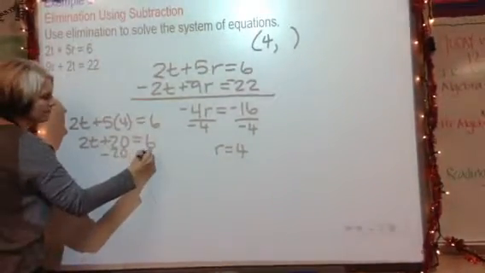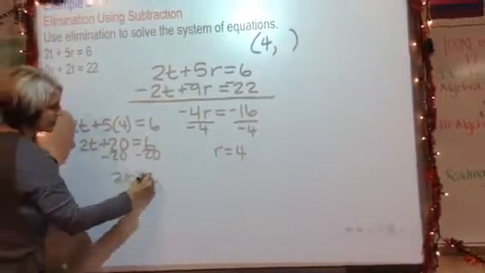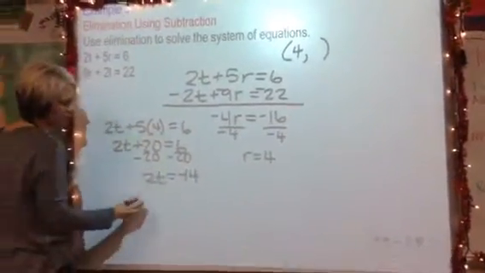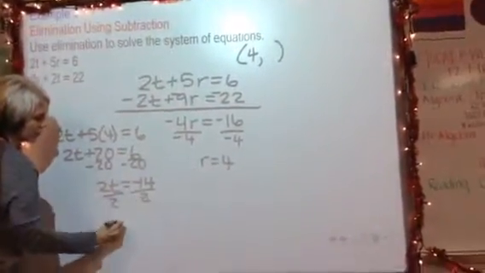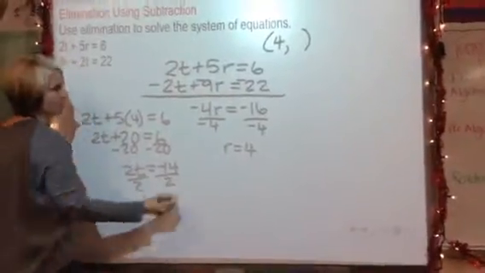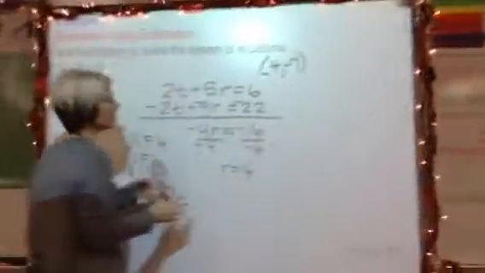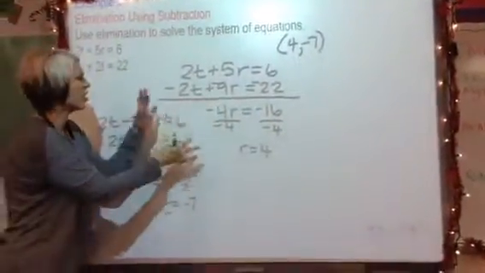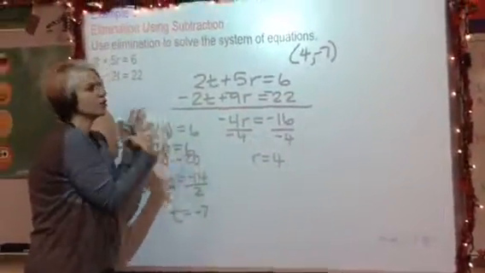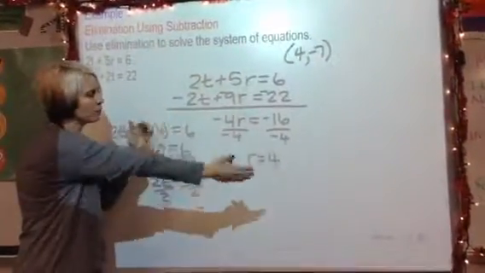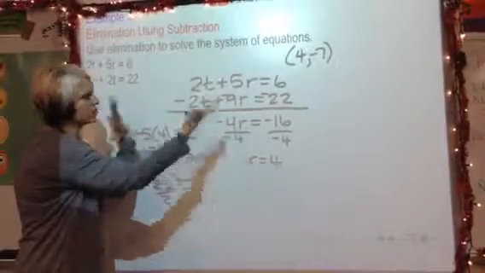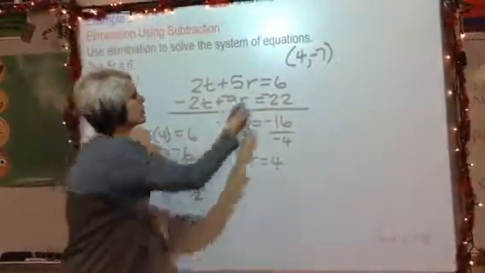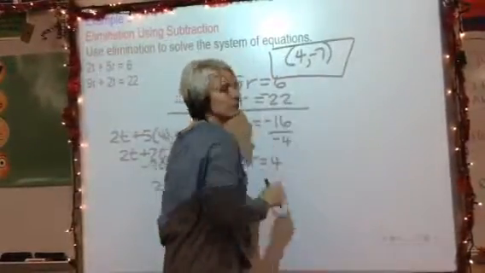I subtract 20, and I get 2t is equal to negative 14. Divide by 2, and we get t is equal to negative 7. And if you don't understand the r and the t, how that relates, just always work alphabetical. X comes before y, r comes before t, so we did r first and then the t. So this is our solution by using subtraction.